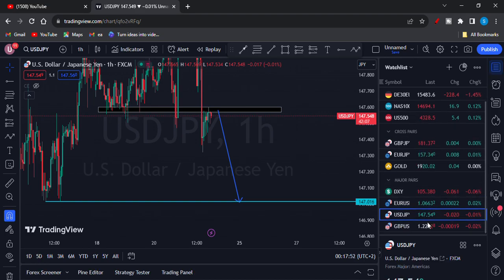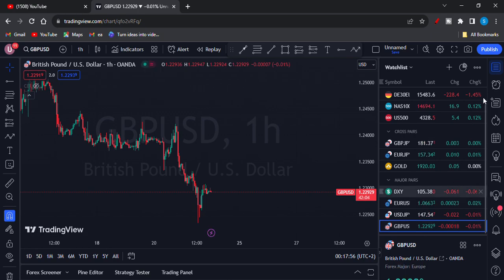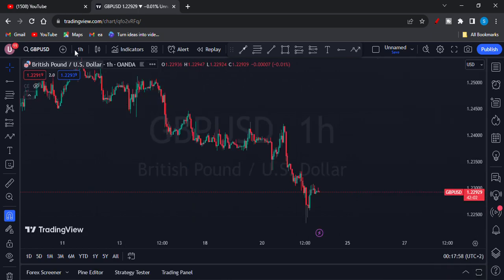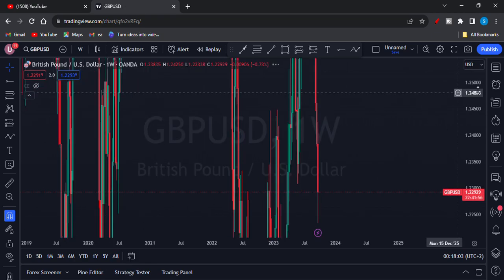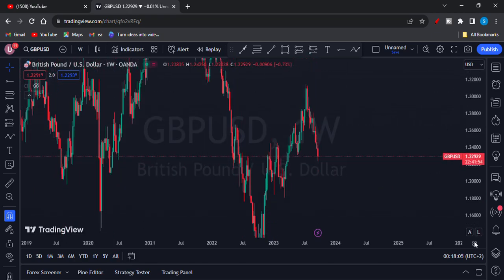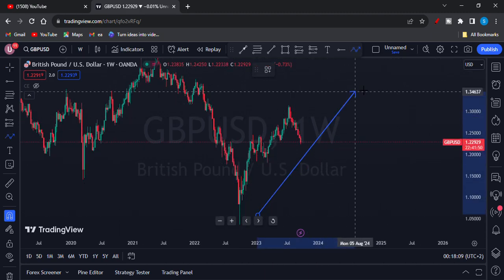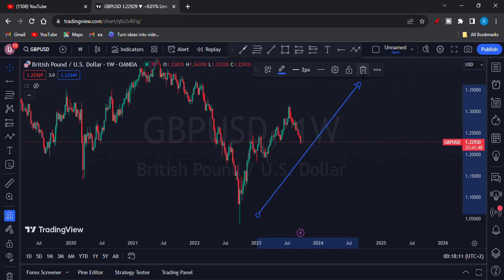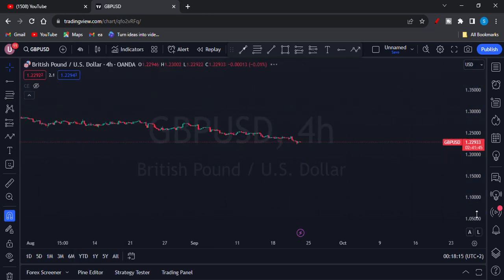And then let's go to GBPUSD, and then on a weekly, so on a weekly we are on an uptrend. And then let's go to our 4 hour.